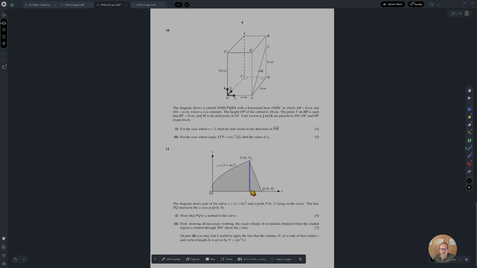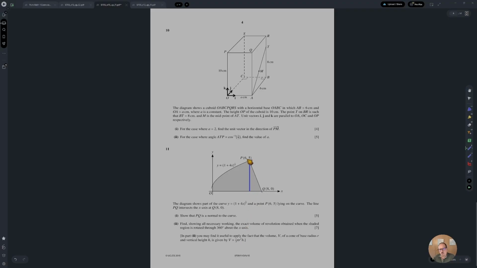This over here, which you can calculate by integrating this curve about the x-axis, and this over here, which if you do that is going to be a cone. You could indeed calculate the equation of this line and integrate it, but you might as well just use a formula. And if you use the formula, you have to imagine the cone, right?